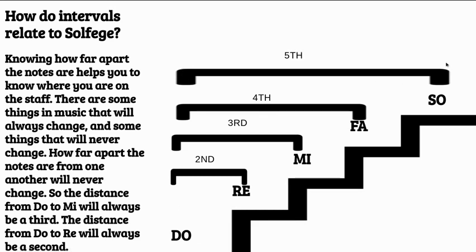And the distance from do to so is always going to be a fifth. So if we count, it's 1, 2, 1, 2, 3, 1, 2, 3, 4, 1, 2, 3, 4, 5. Now I just did do to so. They go all the way up to high do.